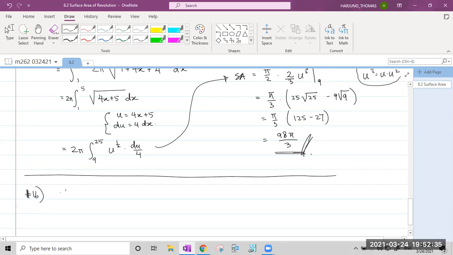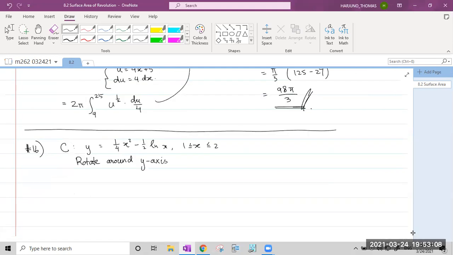The curve is given by y equals 1 over 4 x squared minus 1/2 ln x, where x is from 1 to 2, but you rotate around the y-axis.